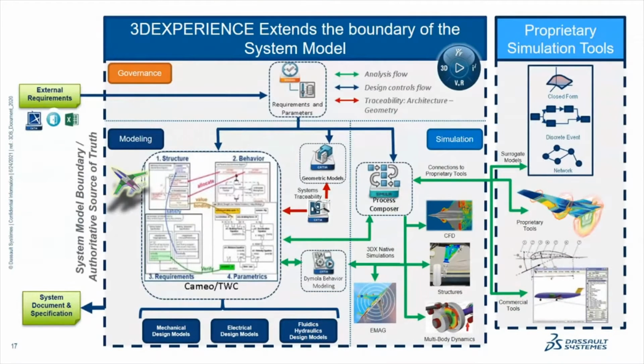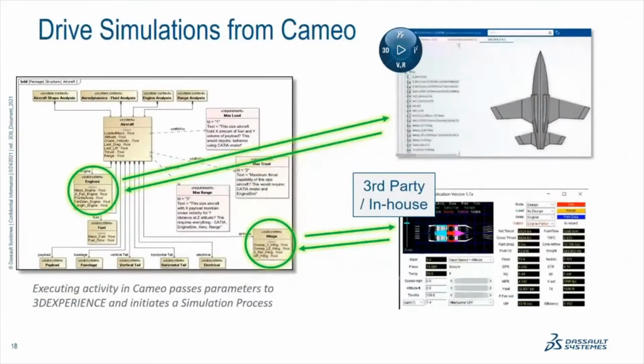They're connecting Cameo through Process Composer to additional simulation tools native in 3D Experience, such as CFD, structural analysis, multi-body dynamics, and CST EMAG. And they're beginning to take advantage of a vastly improved drag and drop integration between Cameo and Process Composer.